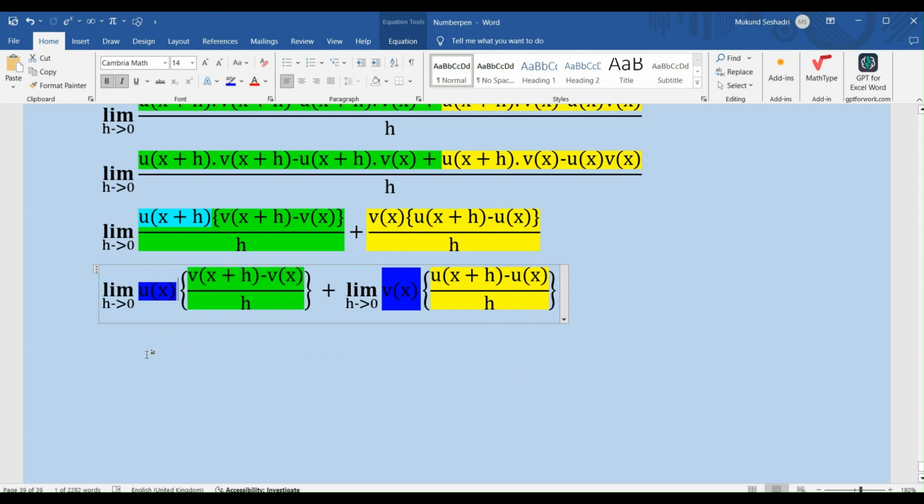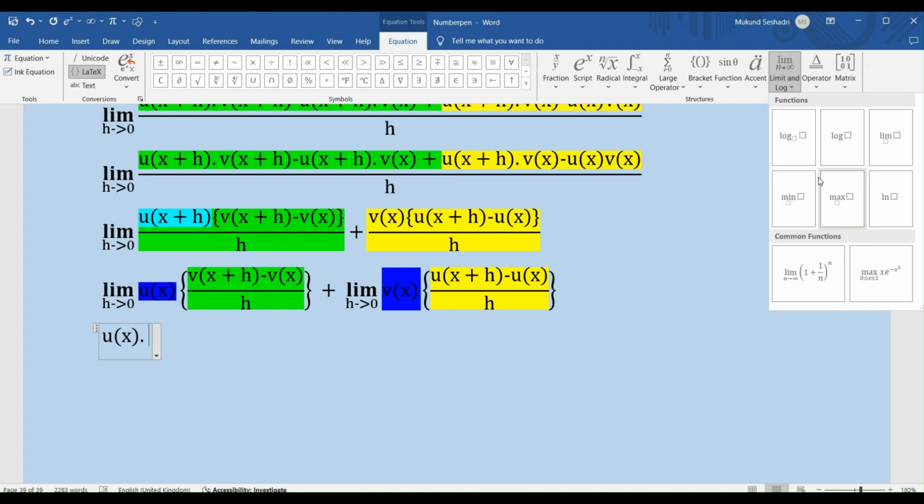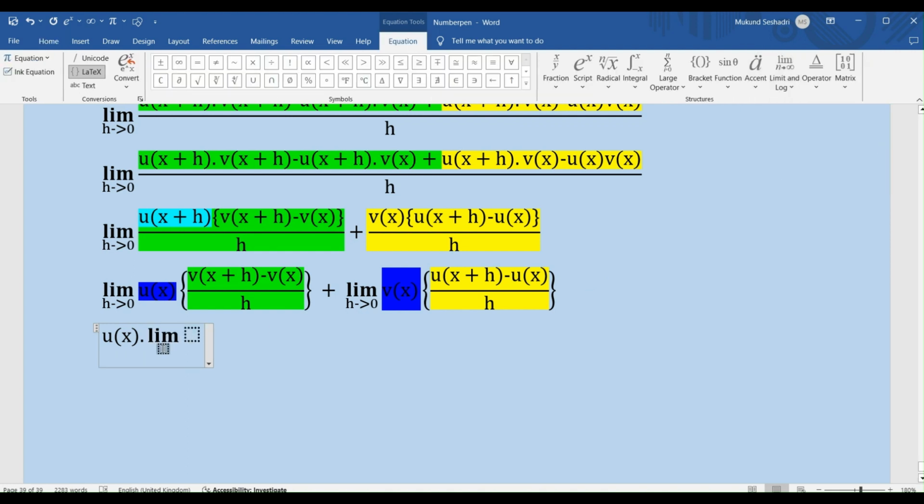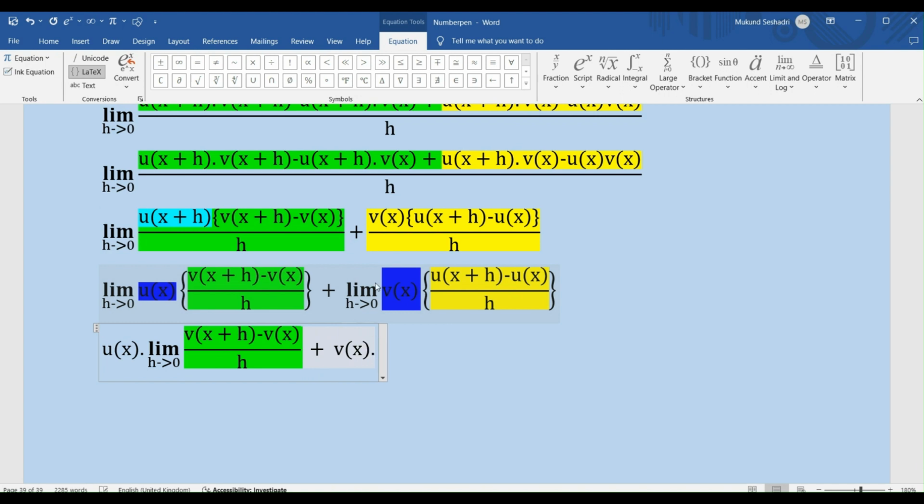So we can rewrite this expression as u of x into the limit h tending to 0, and have this expression. And similarly, I have v of x into the limit h tending to 0 of u of x plus h minus u of x divided by h, right?